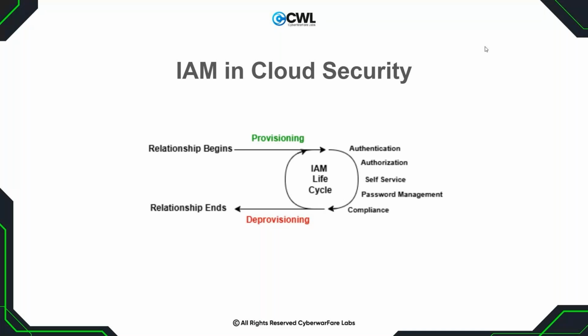So IAM, identity and access management, is often our first line of defense against unauthorized access. Today we will be exploring how IAM helps us define who can access our resources, what they can do with them, and when they can do it.